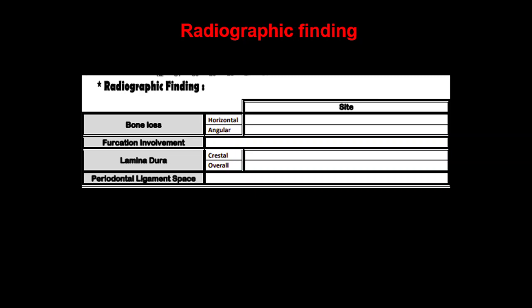Grade 1, incipient bone loss and not seen in the radiograph. Grade 2, more advanced bone loss but seen in the radiograph. Grade 3, through and through but without gingival soft tissue loss. Grade 4, through and through with recession.